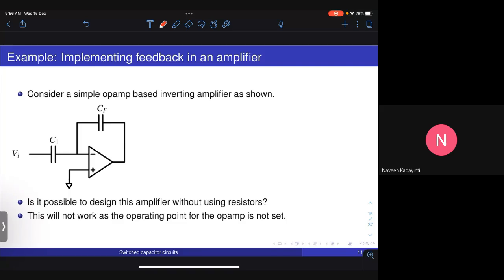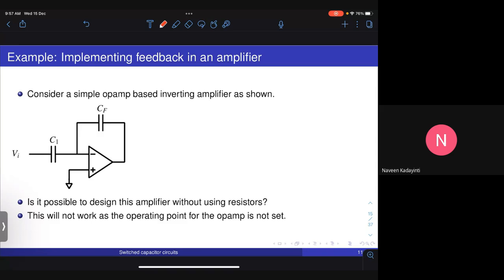In this case, because there is no DC path from output to input, this node potential is not defined, and therefore any small charge which comes and sits on this node will result in saturating the op-amp, either going to plus Vsat or minus Vsat because of the gain and the integration done by the op-amp.